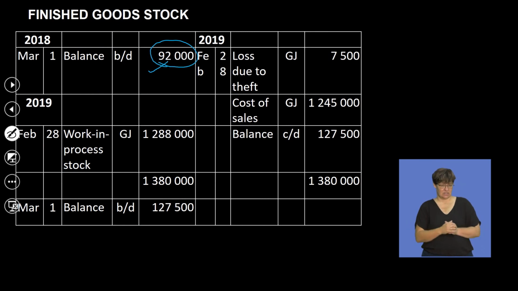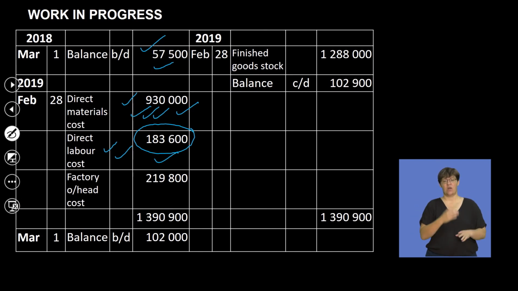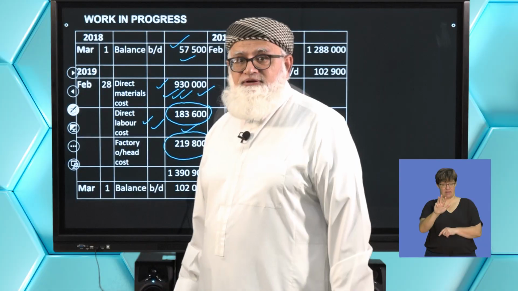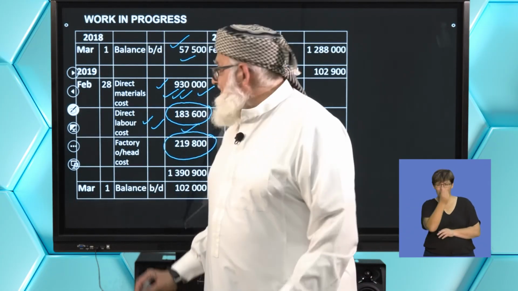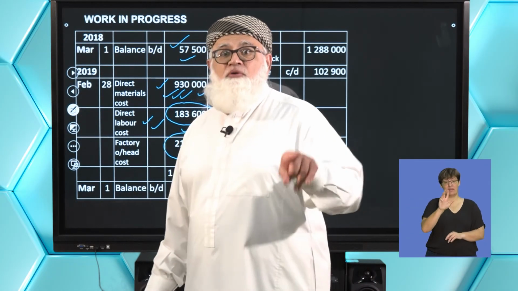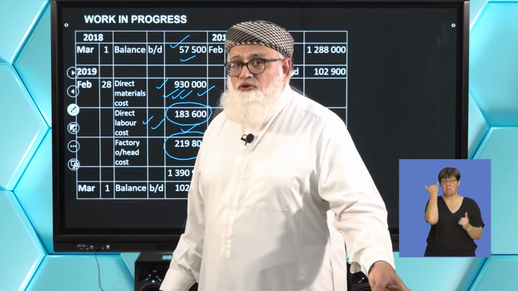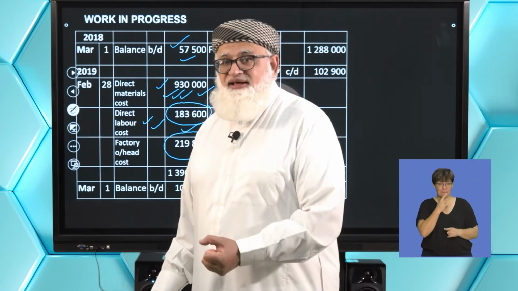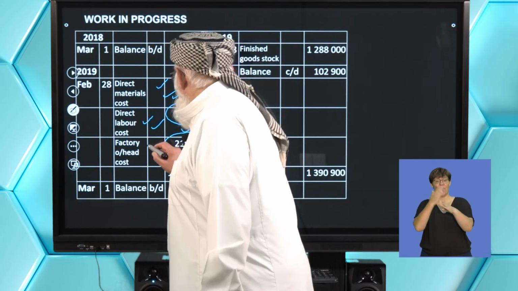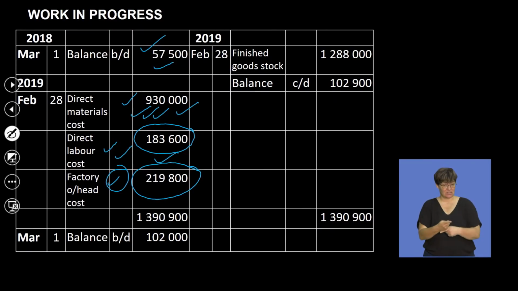Now we come back to our work in process, and we say what? Let's bring in the factory overheads component of 219,800. So understand that this 219,800 came from a calculation. And just to set your minds at ease, perchance, if you make a mistake with that calculation, but you bring that figure into your work in progress account, it is marked as a method mark, meaning you will be allocated the mark because you don't double penalize a candidate.